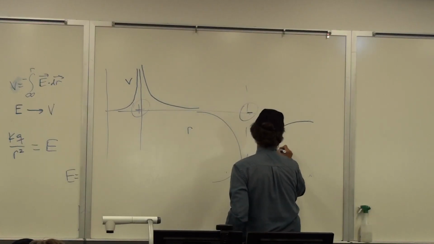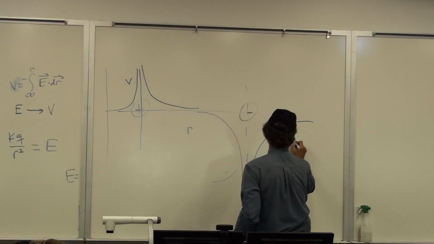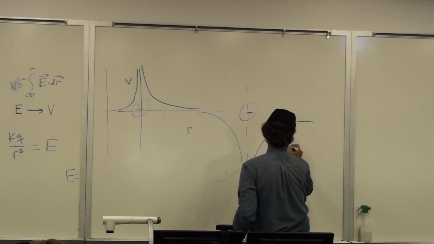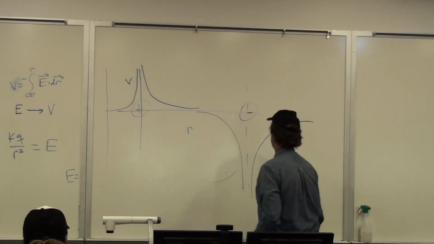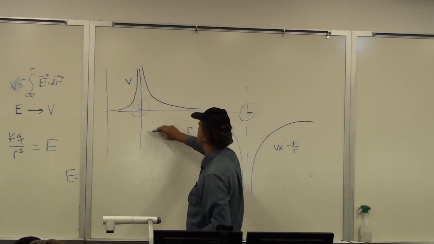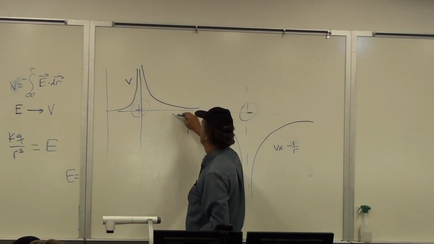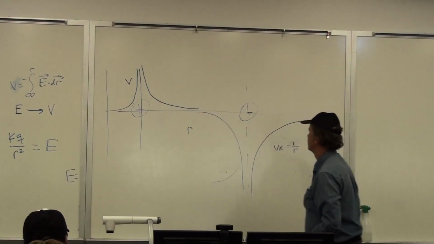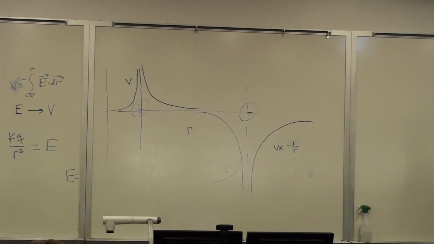This looks like V is proportional to minus 1 over R. So if this is y equals 1 over x, then this is minus 1 over x. That's going to look like that. So that's your minus 1 over R.